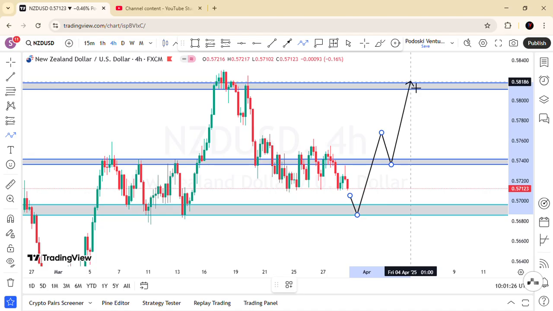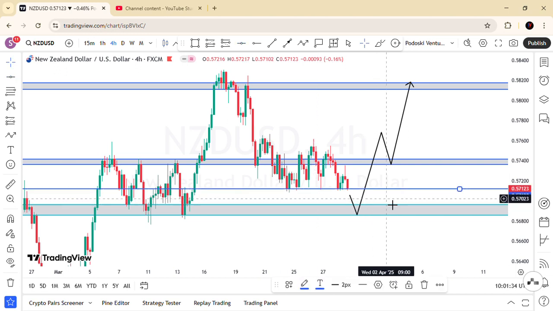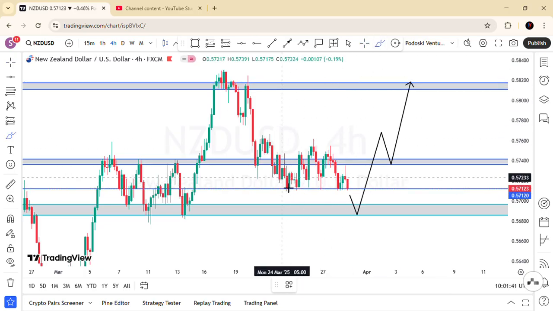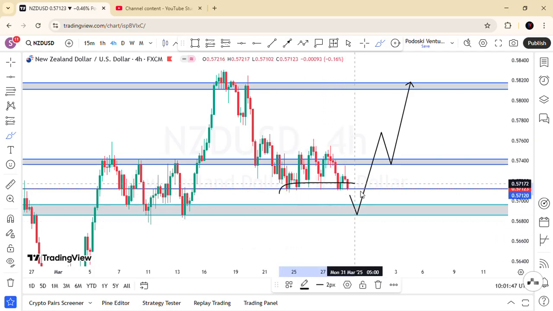Someone could say there is a demand zone over here. Yeah, it's a demand zone, but that was just a newly created demand zone that price gave. The reason I'm saying price will drop into this daily demand zone is because of liquidity.